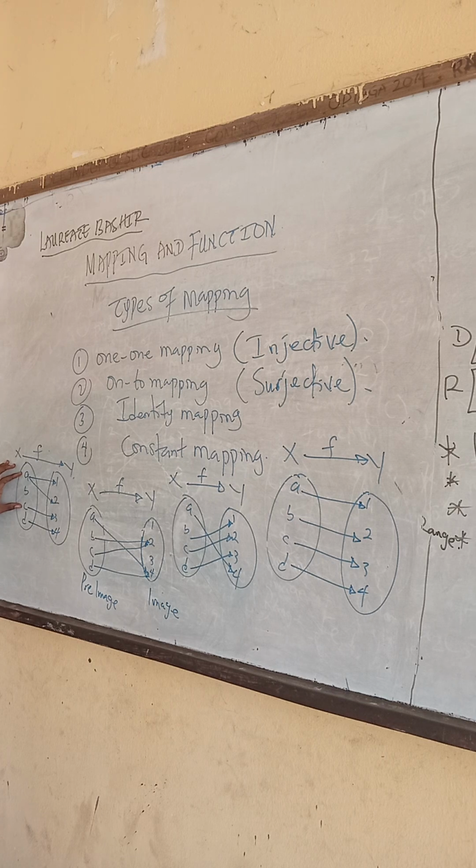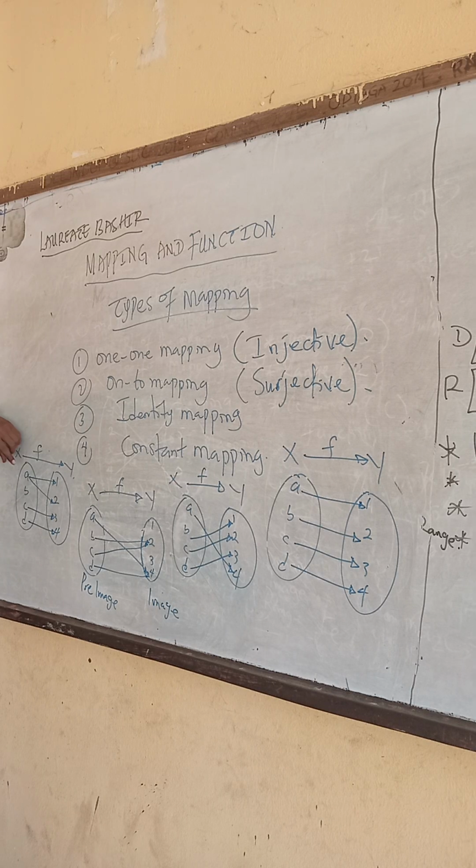But different pre-images, let's say A and C, can produce the same image. A produces 4, D produces 4, B produces 2, C produces 2. This is onto mapping.